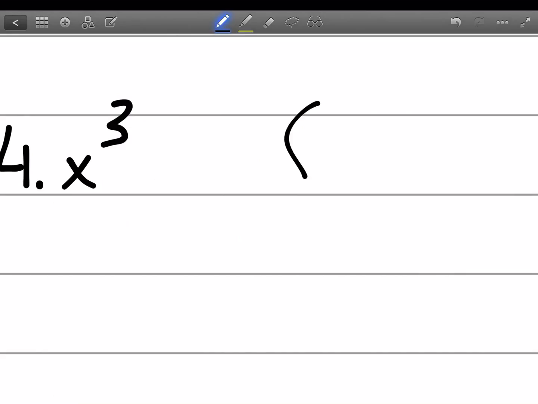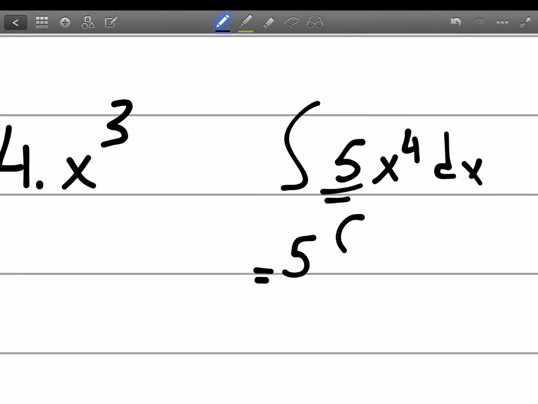If we have any polynomial like 5 times x to the power of 4 dx, the constant will be in front of the integral and the polynomial is inside.